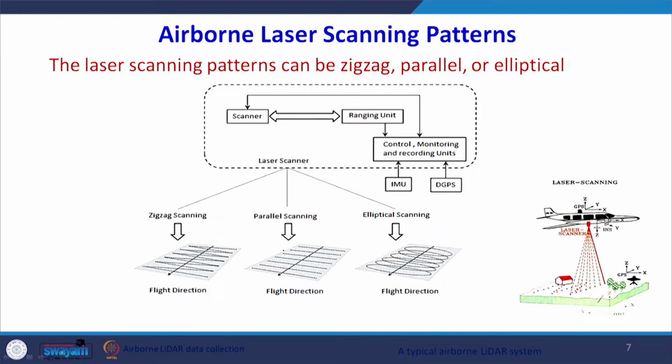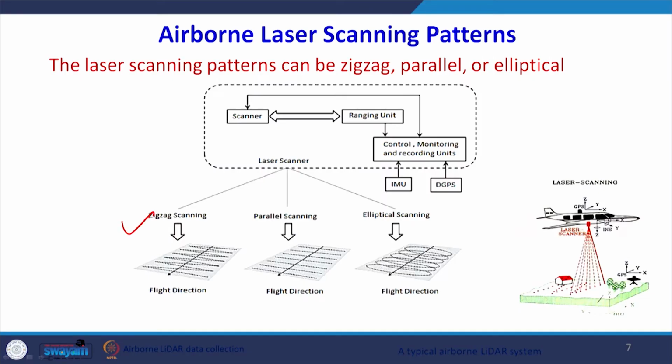Now, airborne based, when you are doing the laser scanning, then there are three types of scanning patterns possible, and these three types of scanning patterns are shown here. A zigzag kind of scanning could be there, so it is moving in that zigzag direction and covering the whole area.